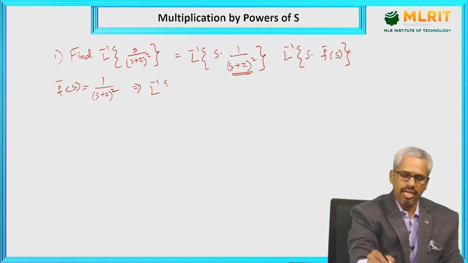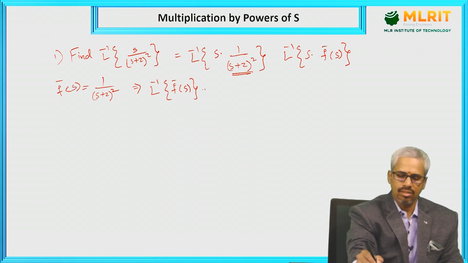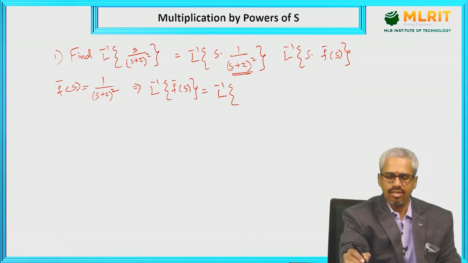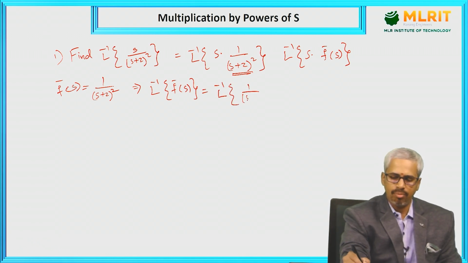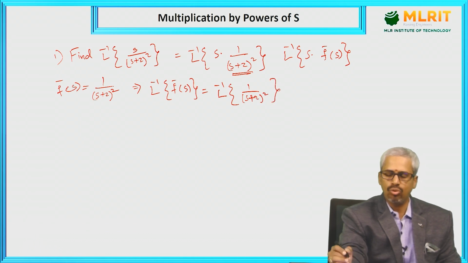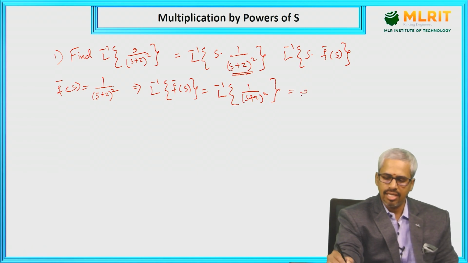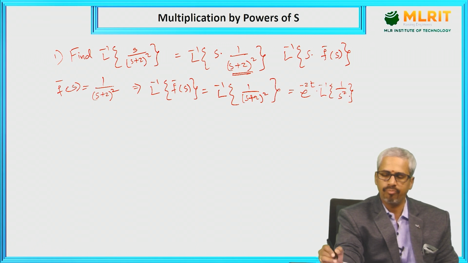What is L inverse of f bar of s? That is L inverse of 1 upon s plus 2 whole square. Since s plus 2 whole square is there, let us apply first shifting theorem. This can be written as e power minus 2t into L inverse of 1 upon s square, isn't it?